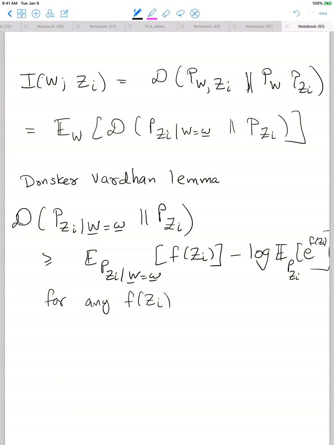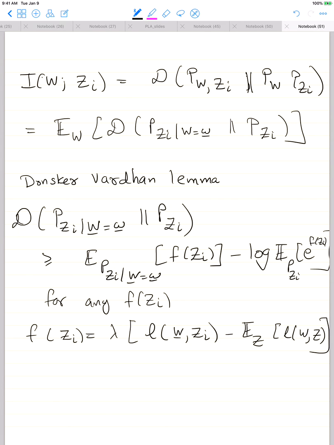Now the question is, what f of Zi do we choose? We will choose the one that will naturally result in the generalization error. So the f of Zi that we will choose is lambda, again, there is this one free parameter we have, the lambda, that we optimize all the time, times L of W and Zi minus the expected value over Z of L of W and Z. So this is the choice of f.